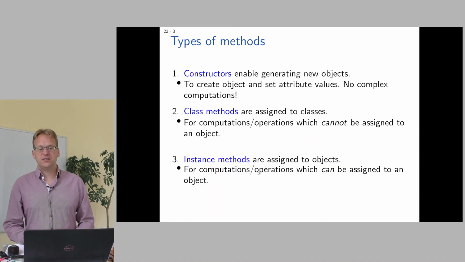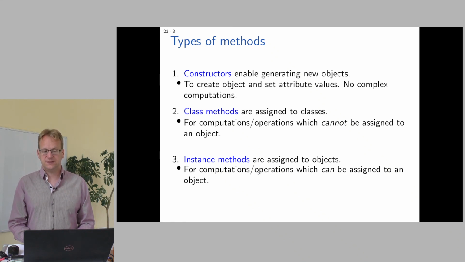So, constructors you always need. If you have your own classes, you need your own constructors to generate objects of these classes. Class methods, I would recommend to use only for computations and operations which cannot be assigned to an object.